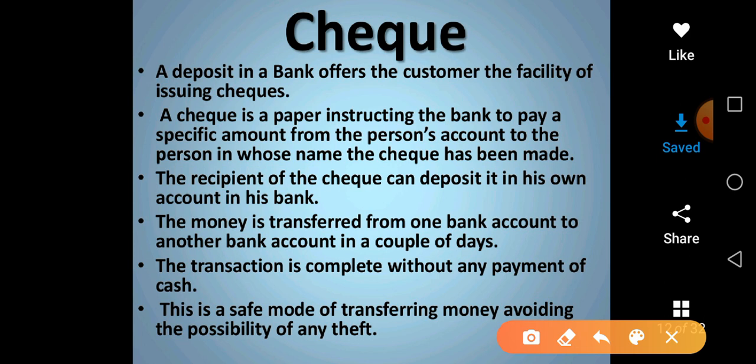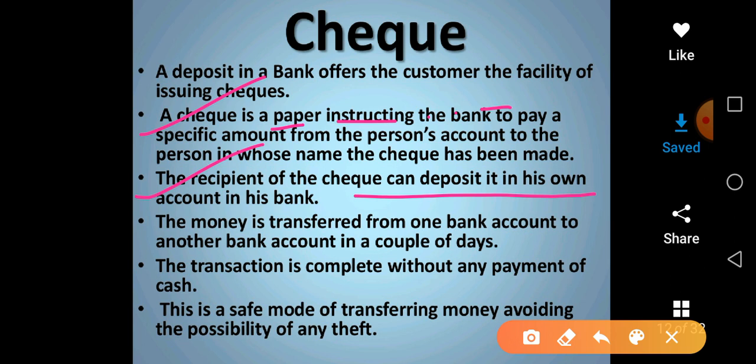Now a check is a kind of paper instructing the bank to pay a specific amount from the person's own account to the person whose name is on the check. The receipt of the check can be deposited in his own account in his bank.